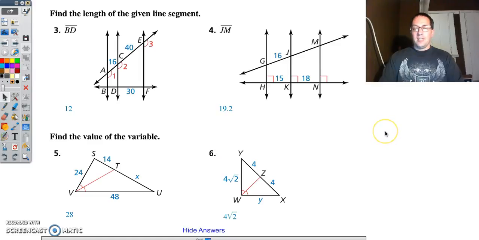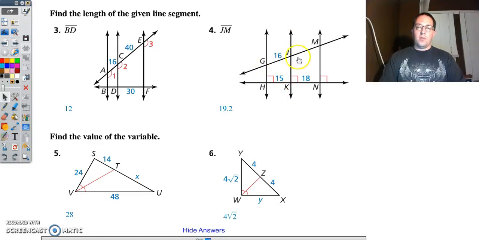And that is it. That's all we have for these different proportionality theorems. The one that's trickiest really is the angles here. Remember, it's part to part, whole to whole. Part to part, whole to whole. That kind of helps. Always make sure you do that.